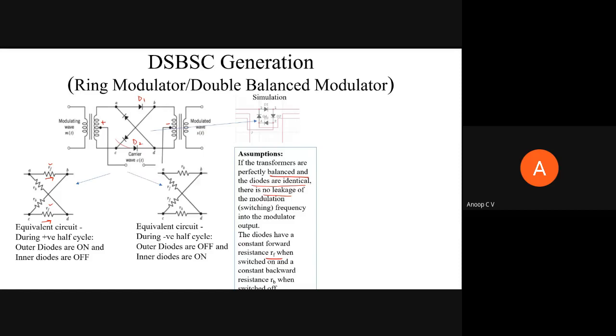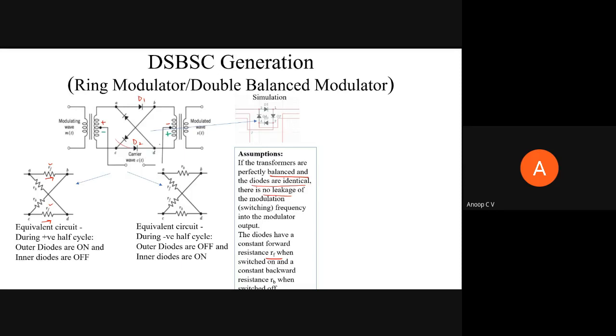But during the negative half cycle of the carrier, diodes D1 and D2 will be reverse biased, they will be open, and D3 and D4 will be forward biased. So during the negative half cycle, this will be negative and this will be positive, right?